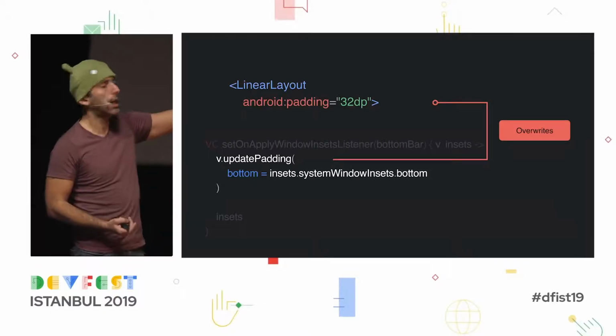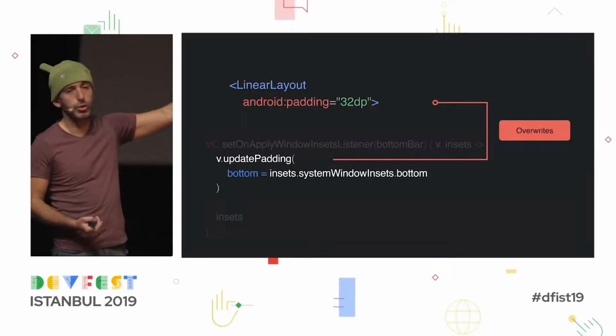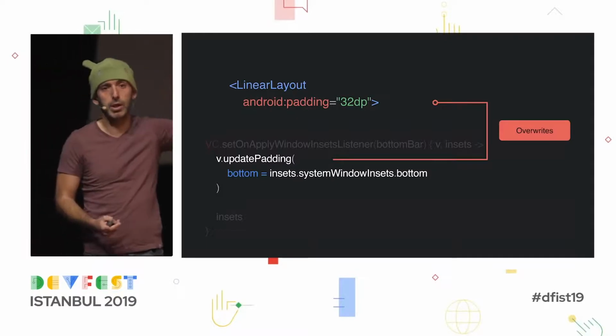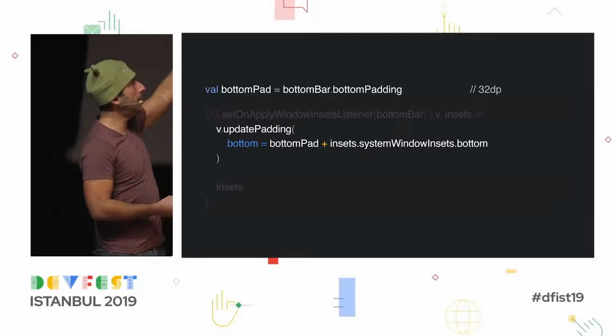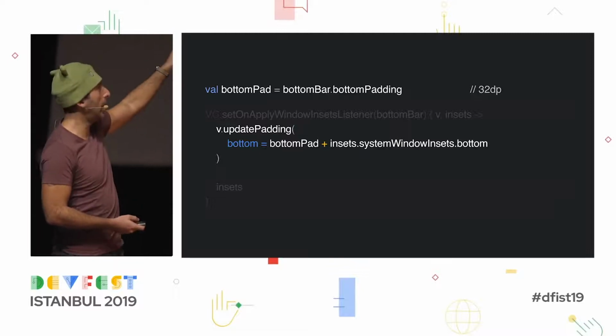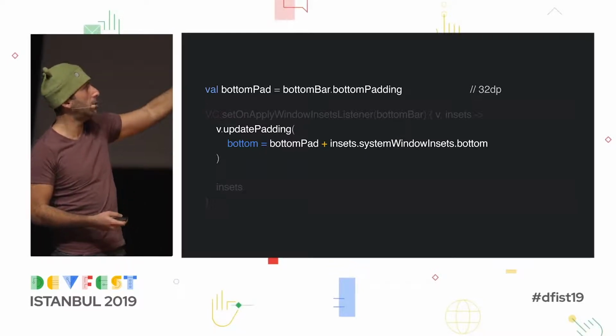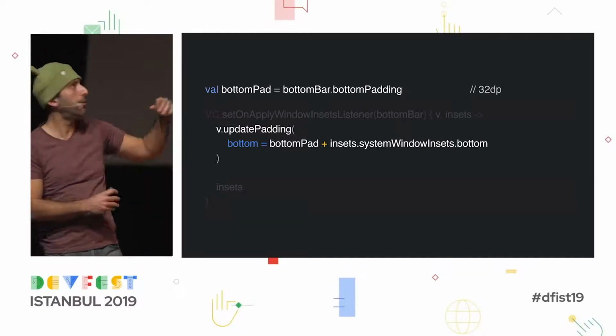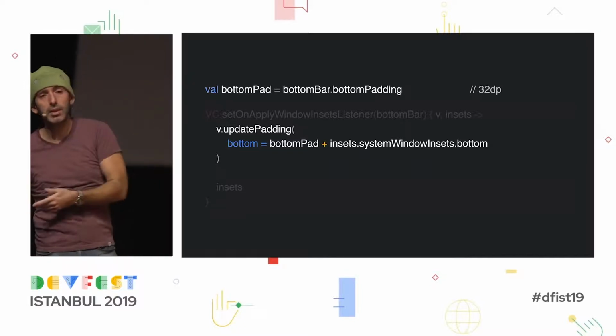Why this is happening is you're overwriting your initial padding value with the height of the navigation bar, which is not what we wanted, because we want to keep the 32 dps and add the bottom value on top of it. So to fix this, what you need to do is keep the initial padding somewhere and add that to the bottom padding every time the listener is called.